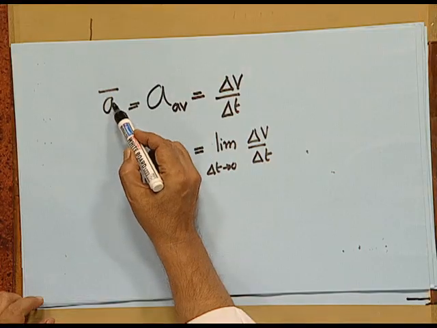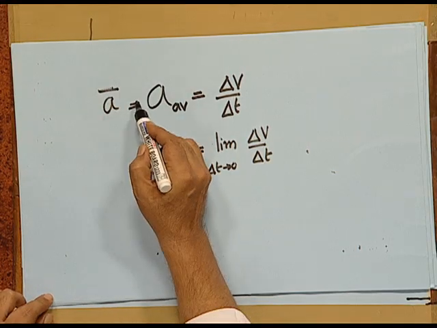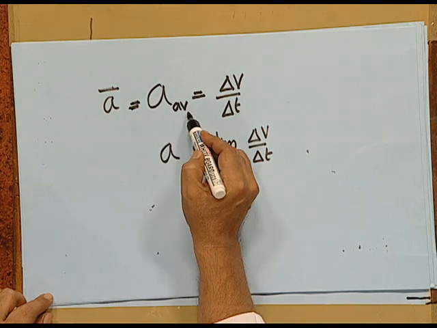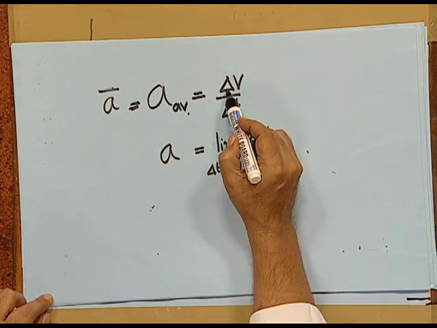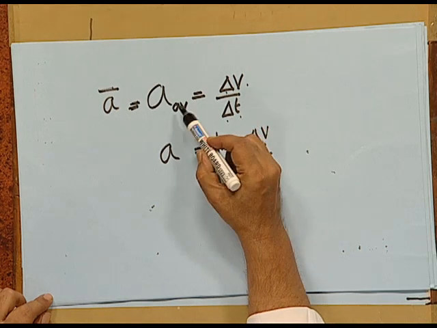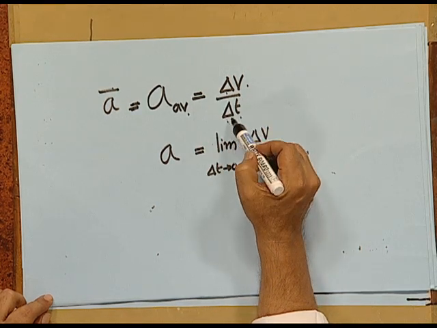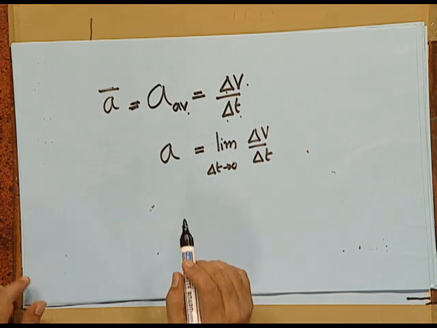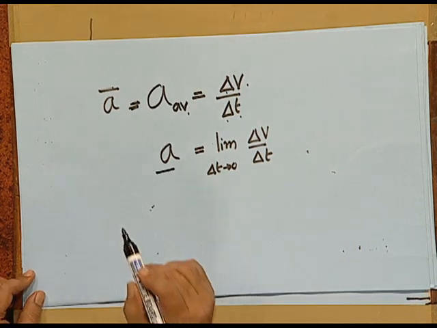The average acceleration, indicated here as a with a bar or a with subscript average, is change in velocity in a certain interval of time, delta t, and is read as delta v by delta t.